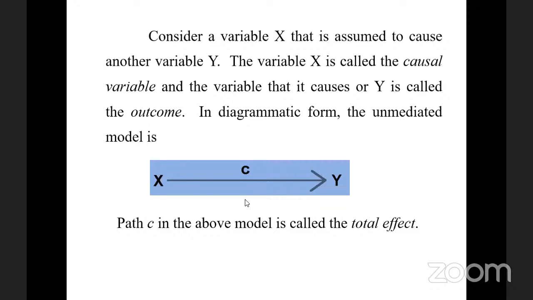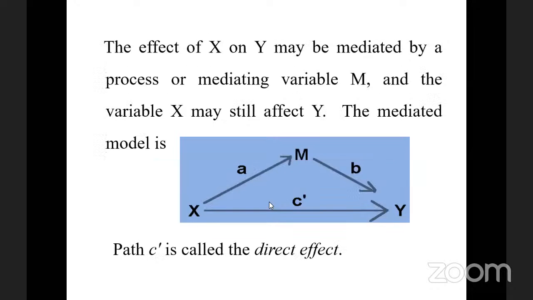There may be two types of effect. When we use a mediator variable, there is a direct effect, that is X to Y, known as C dash, and there is an indirect effect, where we reach Y through this channel, X to M and M to Y. This is the indirect channel.